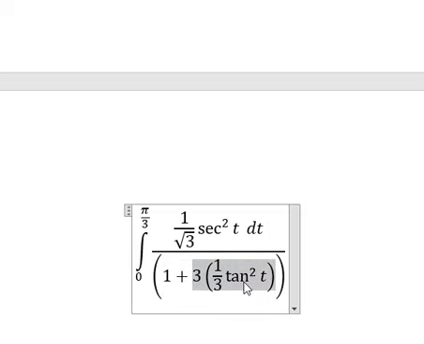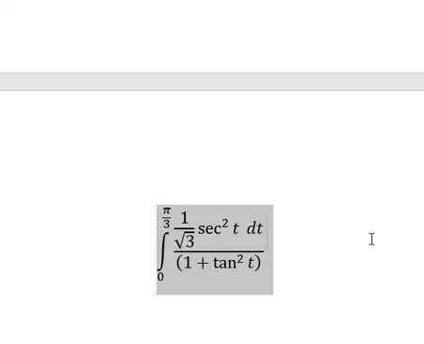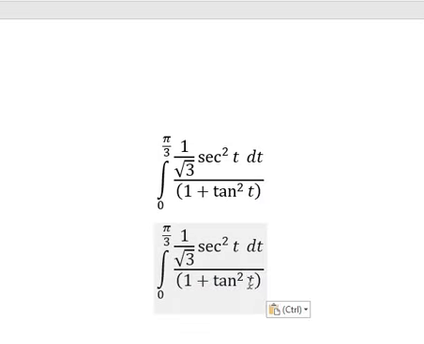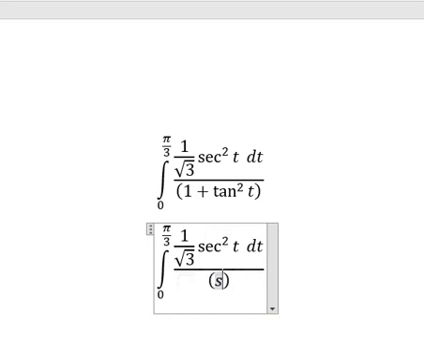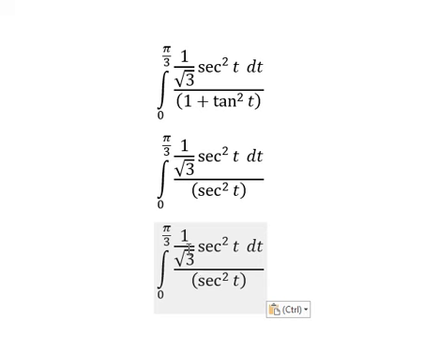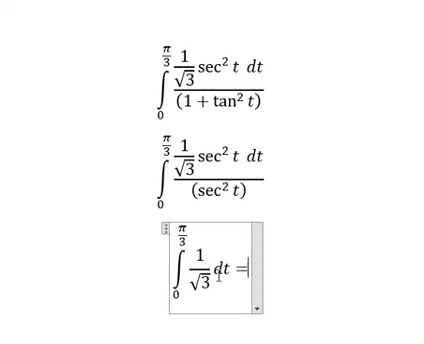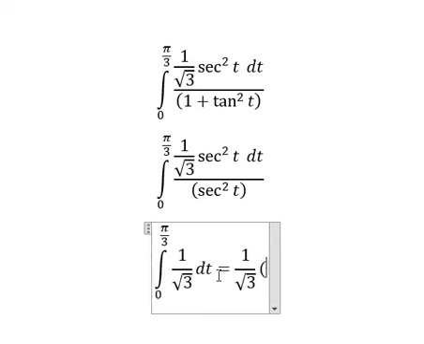Now we simplify number 3. And this one is about secant of t squared. And now we simplify. So we have the final answer.